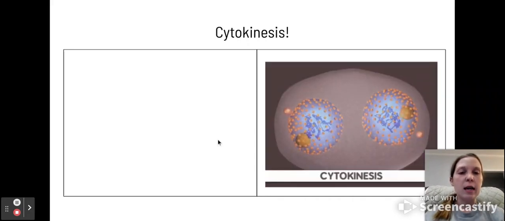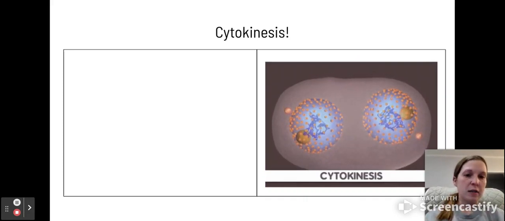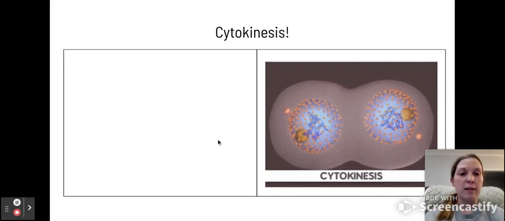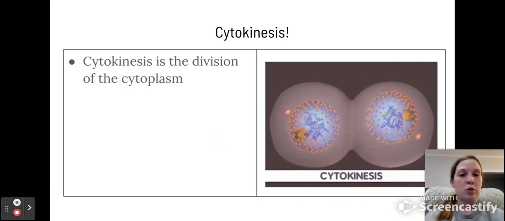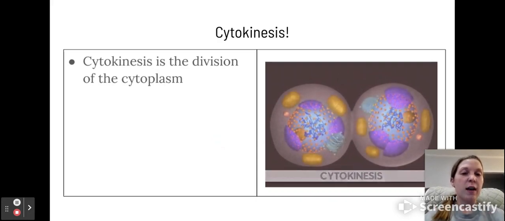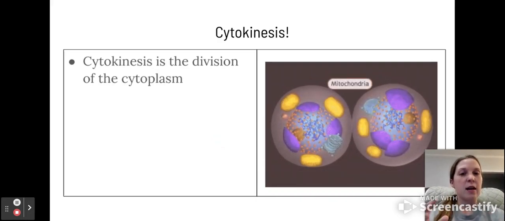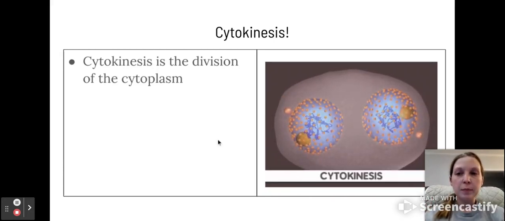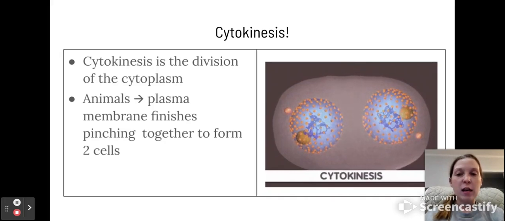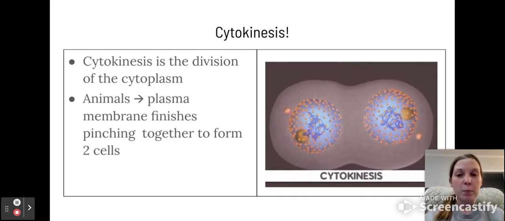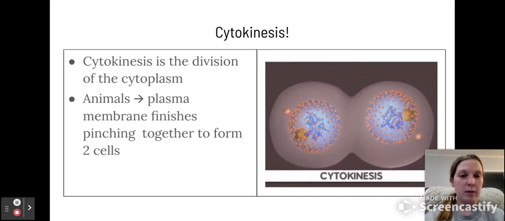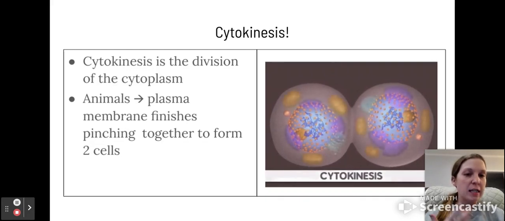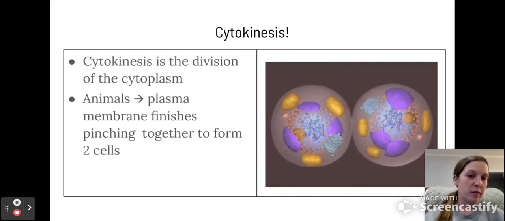And then the last step to mitosis, or the last step to the cell cycle, is cytokinesis. And this is where the cytoplasm splits to actually form two separate cells. So telophase starts this process, and then cytokinesis finishes it out by actually splitting the cells. And for animal cells, the plasma membrane will finish pinching together and form two separate cells, almost like a giant case of exocytosis.